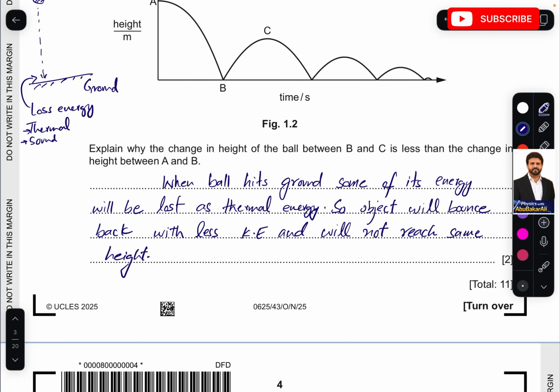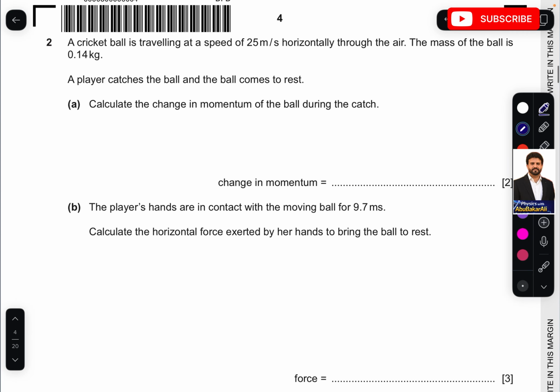Okay, let's move forward. Question 2. A cricket ball is travelling at a speed of 25 meters per second horizontally through the air. The mass of the ball is given. A player catches the ball and the ball comes to rest. Calculate the change in momentum of the ball. So you have U, you have M, you have V. V is 0.